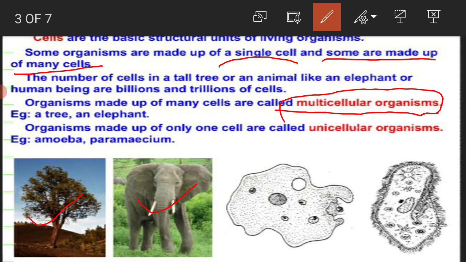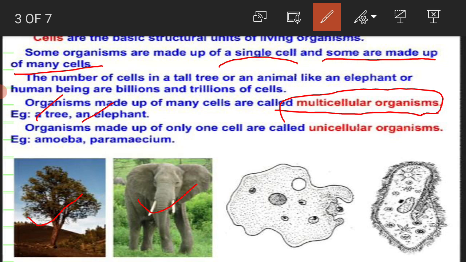Multicellular organisms are the organisms which are made up of many cells. What are the examples of multicellular organisms? Tree, elephant, human beings, dog, or any observable animals are multicellular organisms.